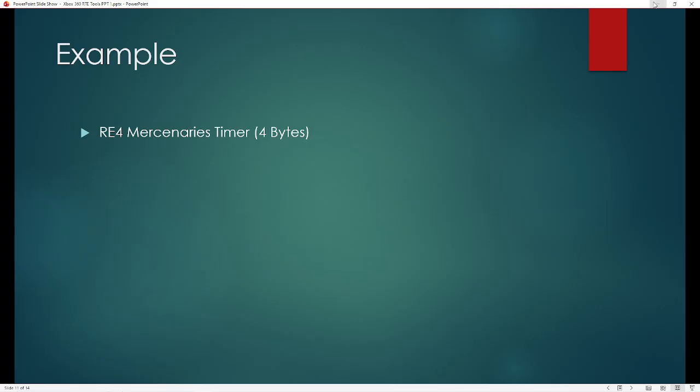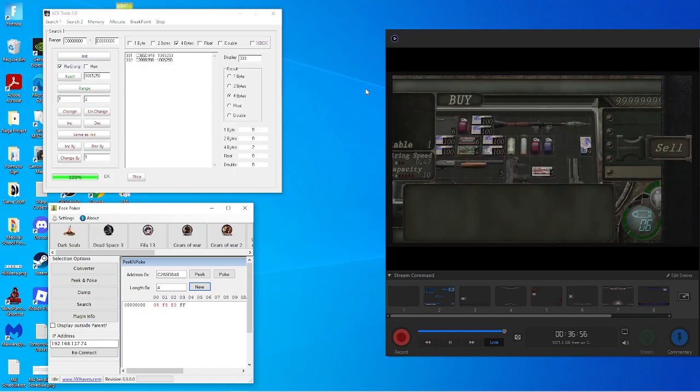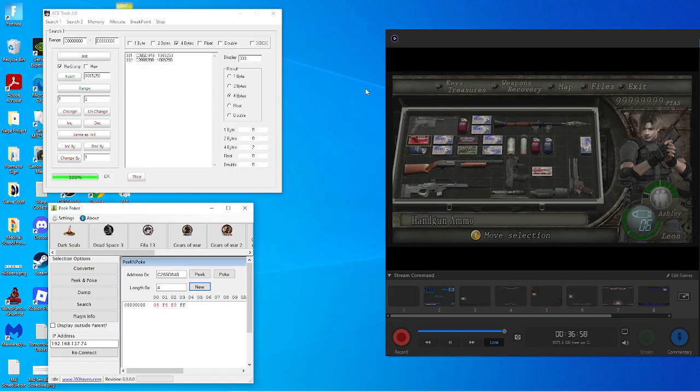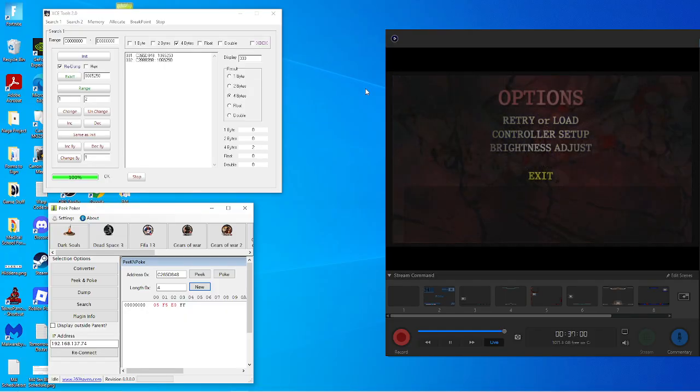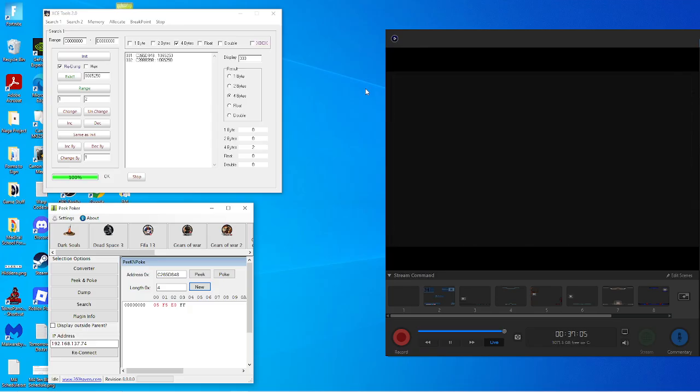Okay, so let's try the Mercenaries timer, for example. So here's what I'm going to do. I'm going to go to the Mercenaries.